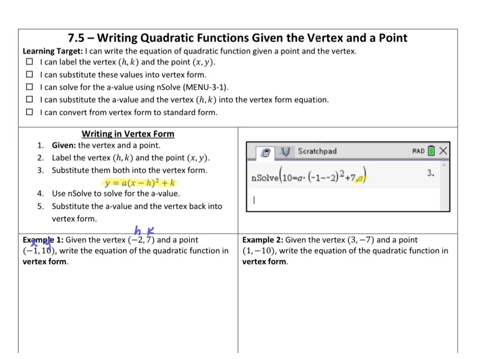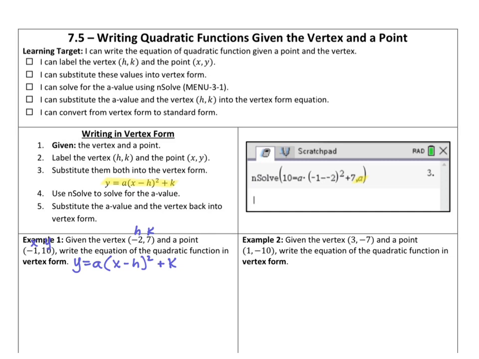Now to make it a little bit easier on myself, I'm going to copy down vertex form: y equals a parentheses x minus h close parentheses squared plus k. Now all I'm going to do is rewrite that form, but I'm going to plug in the x, y, h, and k.